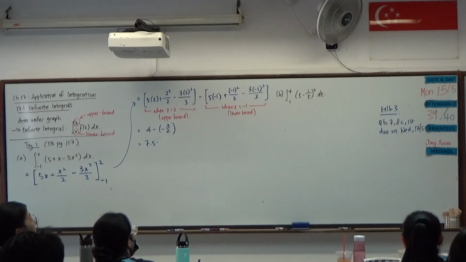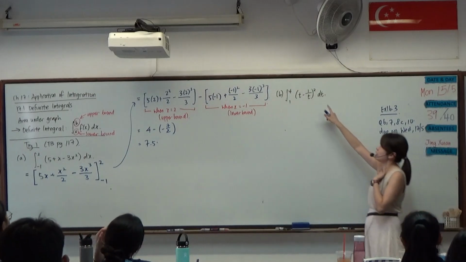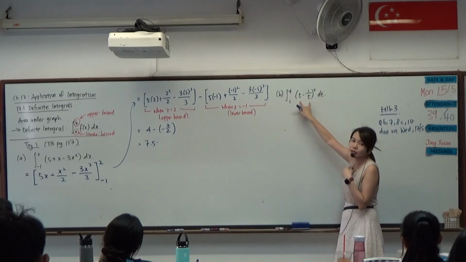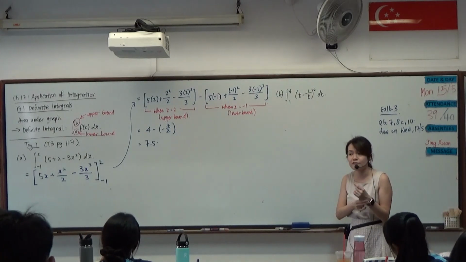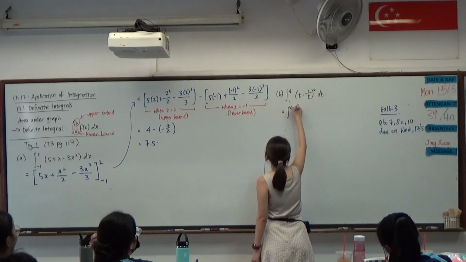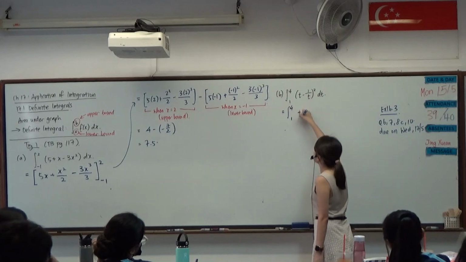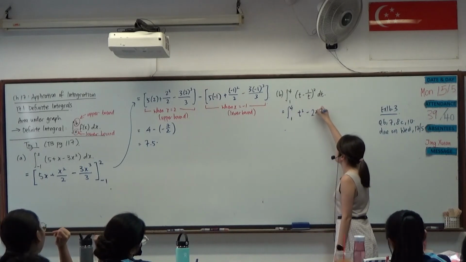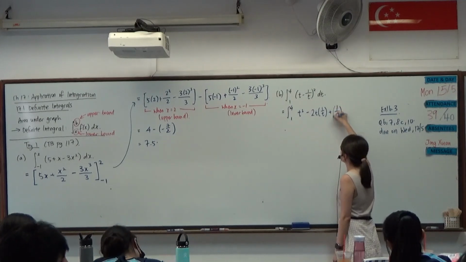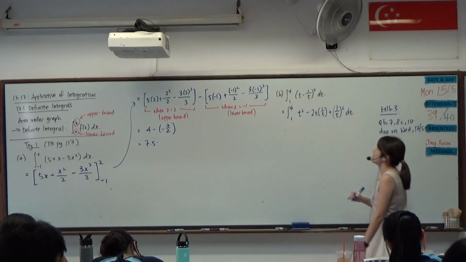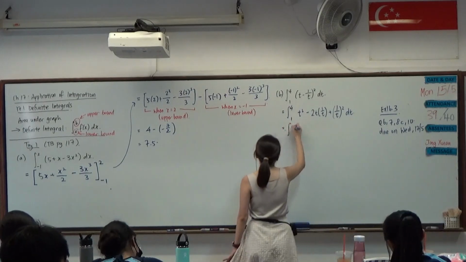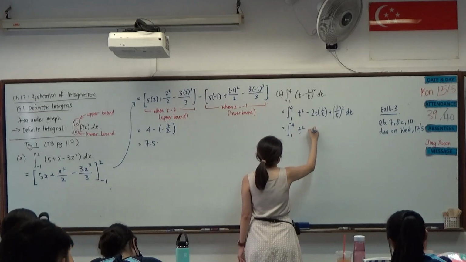Hope you notice that we cannot just add the power and then divide, because inside it is not linear. It is not of the form ax plus b. So we must expand. So t squared minus t times 1 over t plus 1 over t squared. Then we simplify it before integrating.